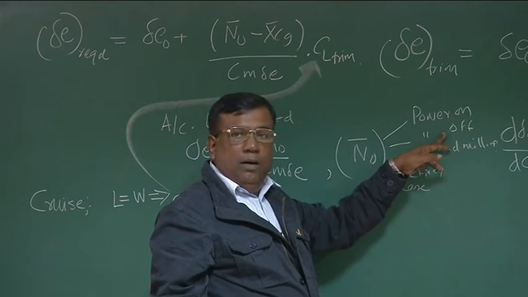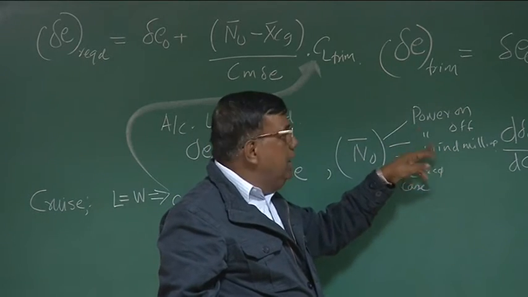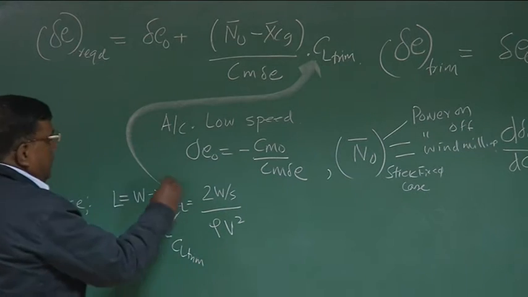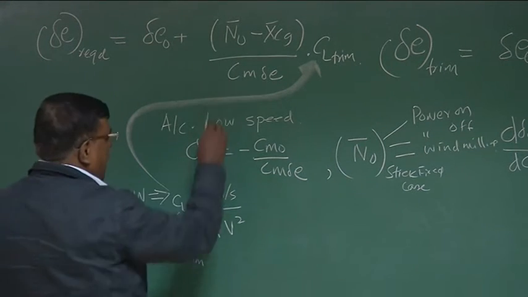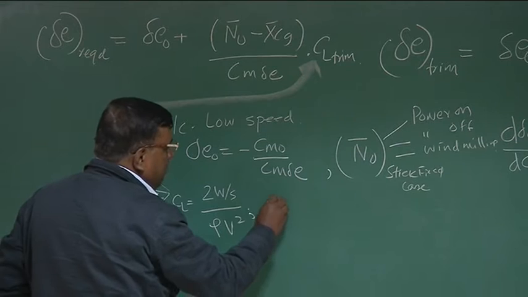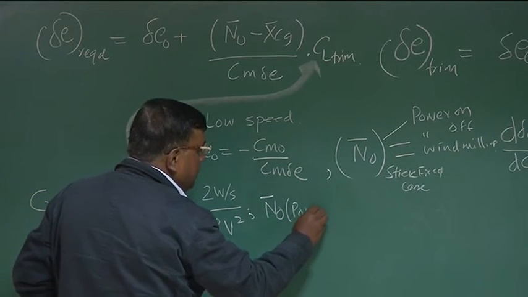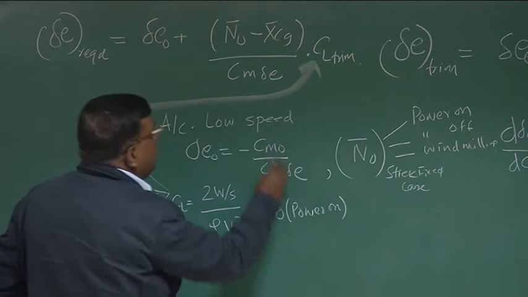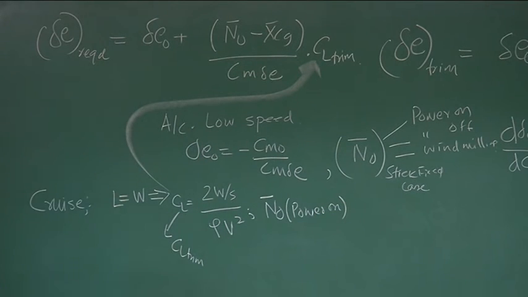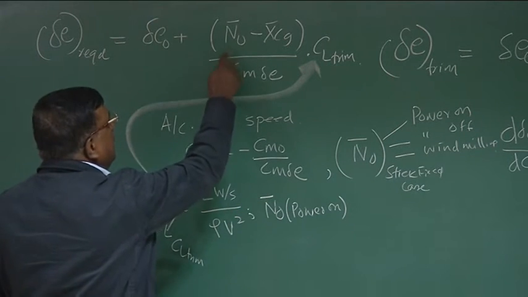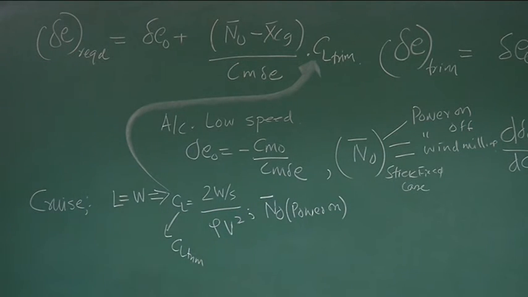It is not power off, it is not windmilling, it is the power on case. So I should put this CL trim here, and along with it I will pick up the value of N naught power on and find out what the delta E required is. Clear? So this will go there, and N naught power on will come here for cruise.